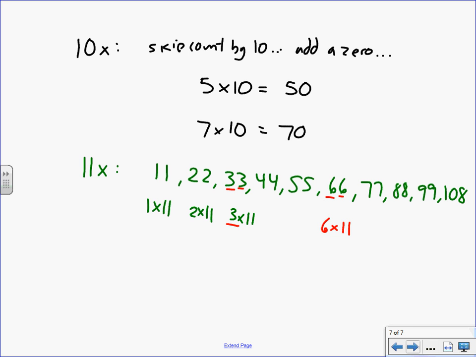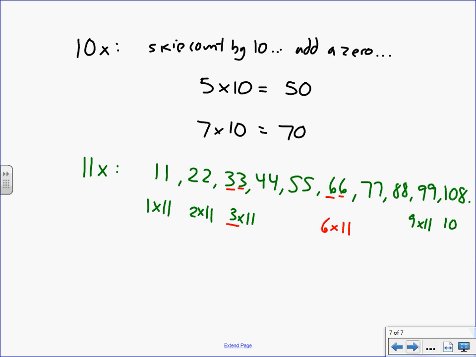And then you add 9. Oh, wait, this is 9 times 11. 10 times 11.